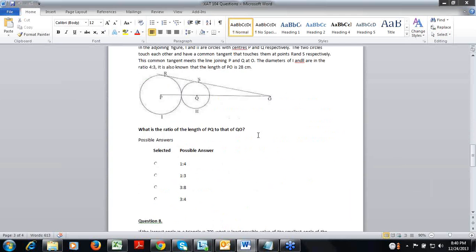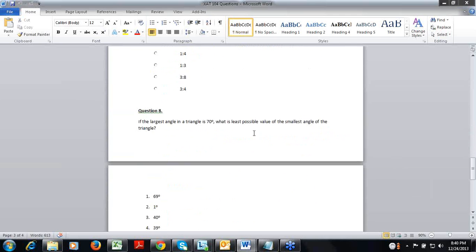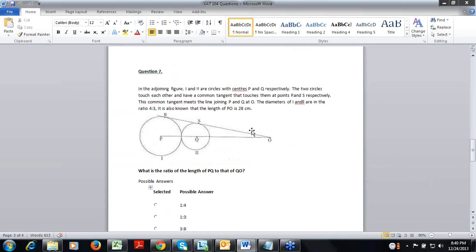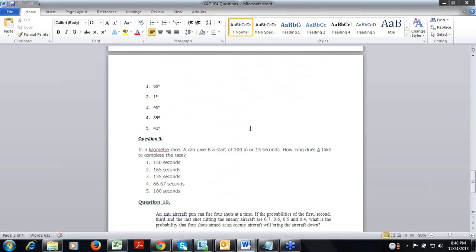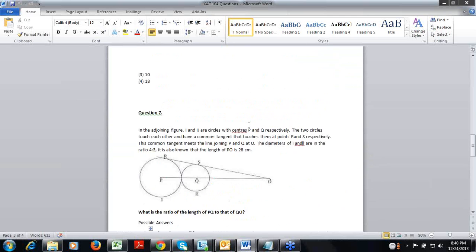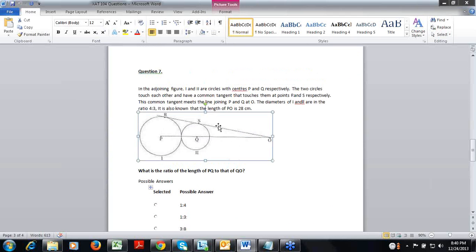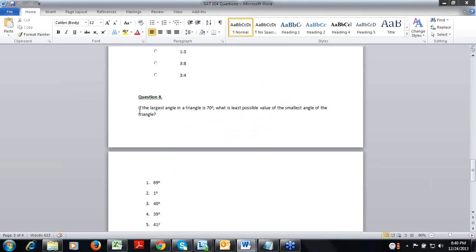Now we have question number 7, 8, 9 and 10. So we have 4 questions. What I'll do is I'll give you 4 minutes for question number 7 and 8. For 7, there's an image involved, so I cannot actually copy it there, you have to see it. 8 I'll copy and paste in your chat window.